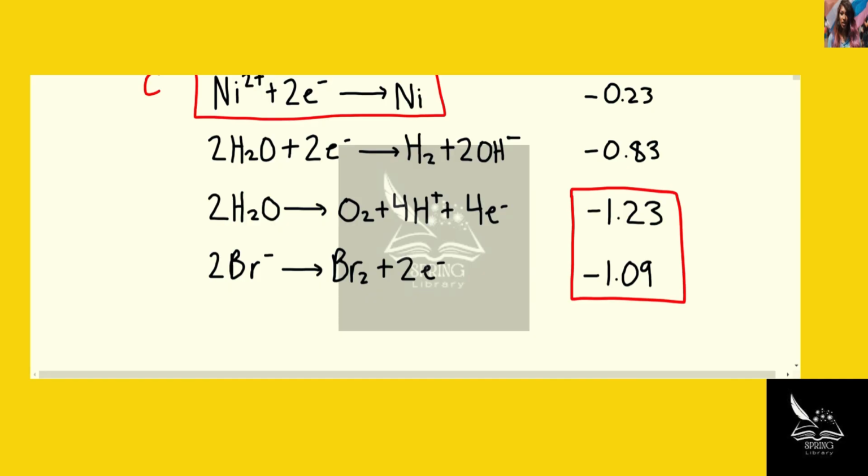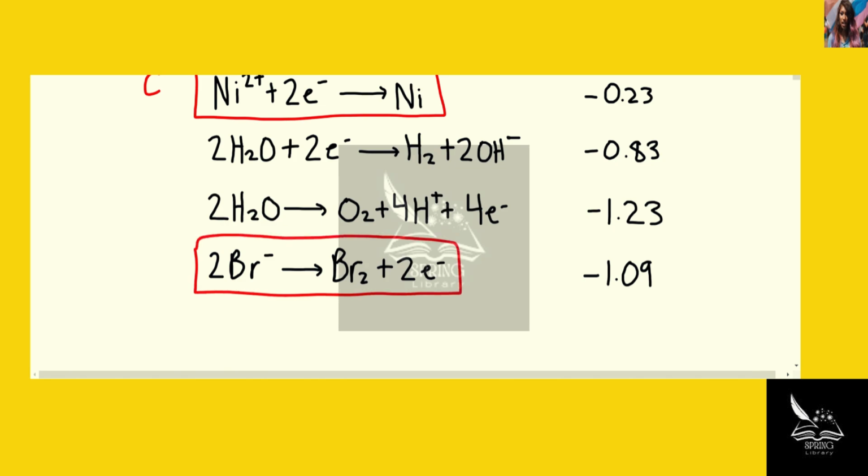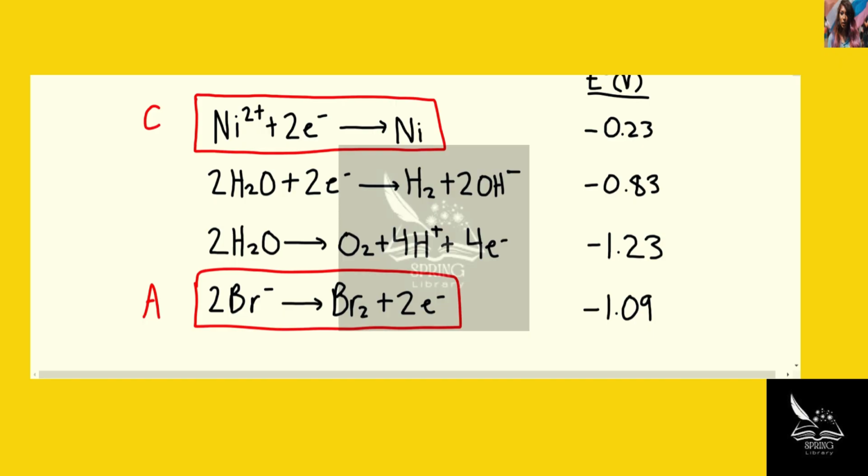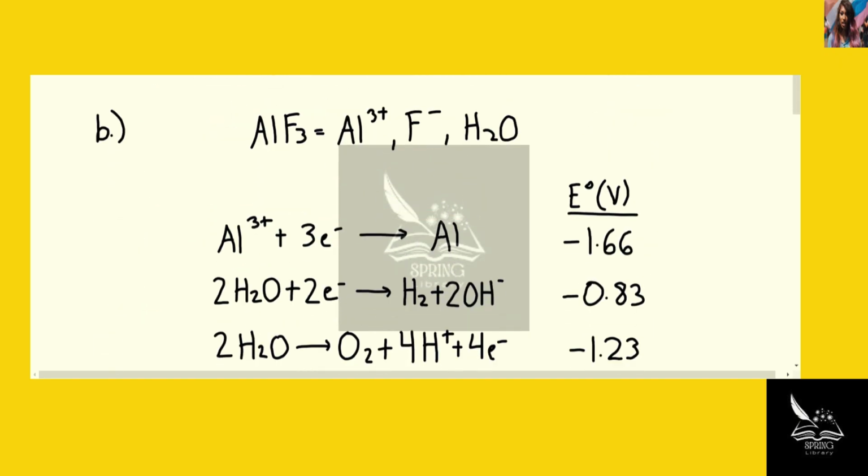We see that -1.09 is greater than -1.23. So either based on the fact that the oxidation of Br- has a greater potential to be oxidized than water does, or based on the fact that oxygen has a greater potential to be reduced into water than Br2 has to be reduced into Br- ions, we can conclude that this is the oxidation reaction that will occur, and we know that oxidation takes place in the anode.